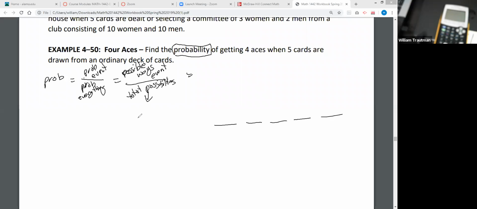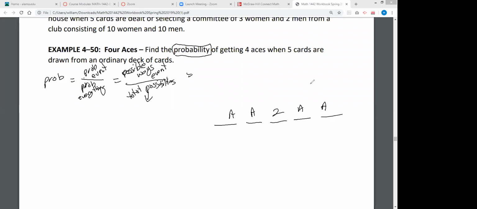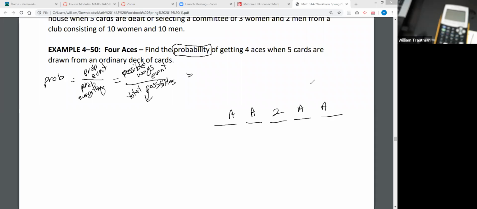doesn't matter what order. If you have 4 aces, does it matter what order you have them in? By the way, I think they're talking about playing poker. When you play poker, does it matter what order you get your aces? I don't think so. No, because you can arrange them any way you want in your hand once you get your cards. So the order does not matter. So these are combinations.